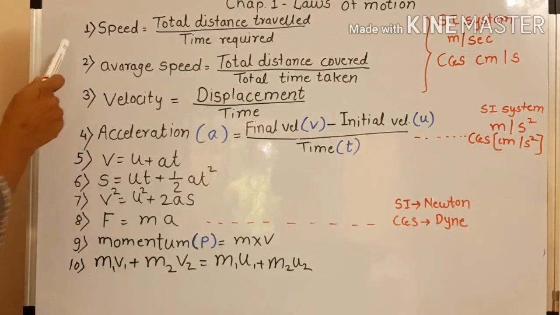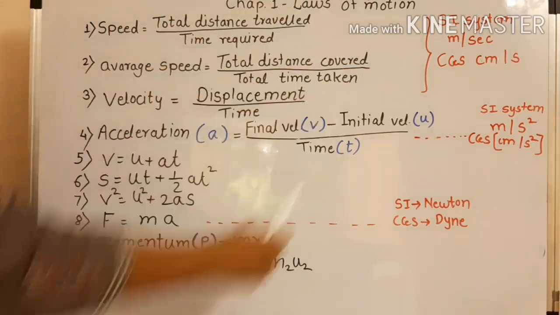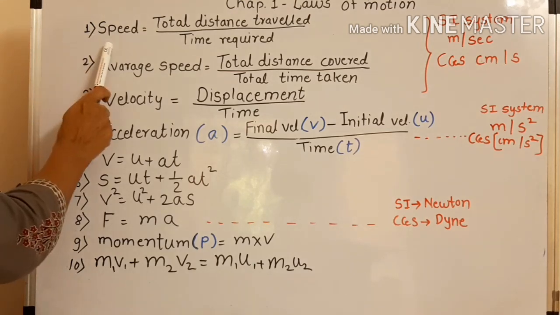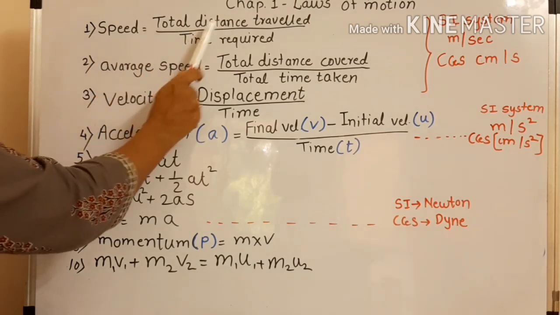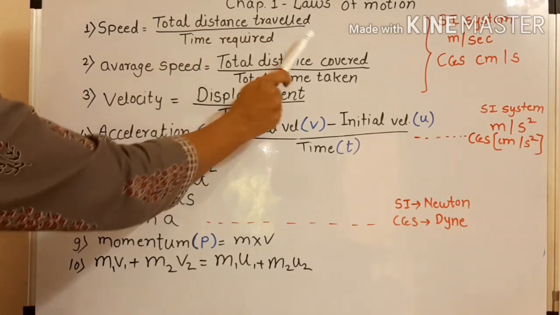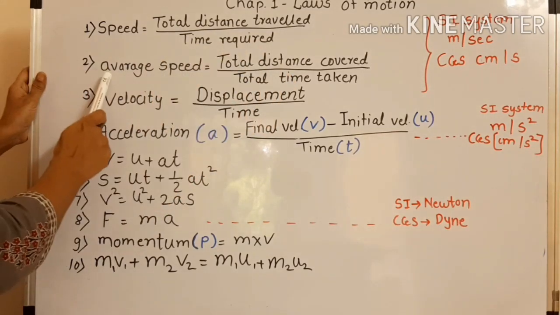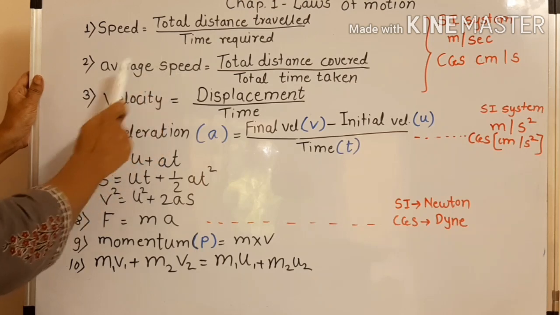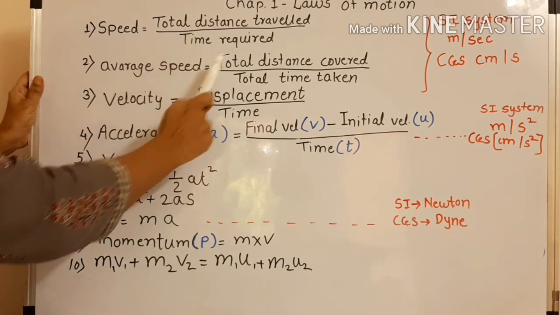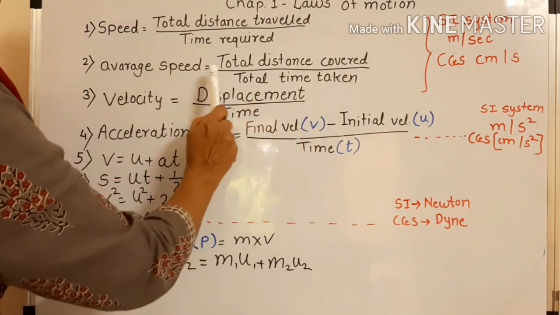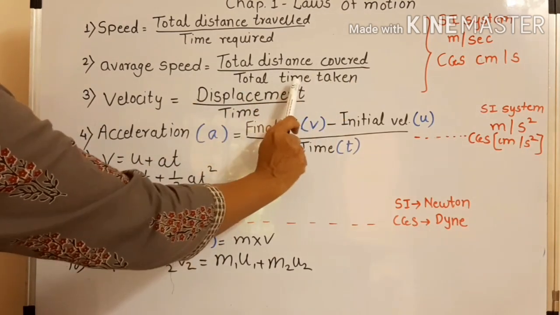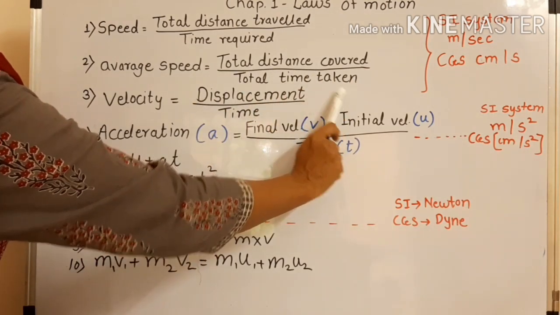The first formula written on this board is speed is equal to total distance traveled divided by time required. Second formula, average speed, is equal to total distance covered divided by total time taken.